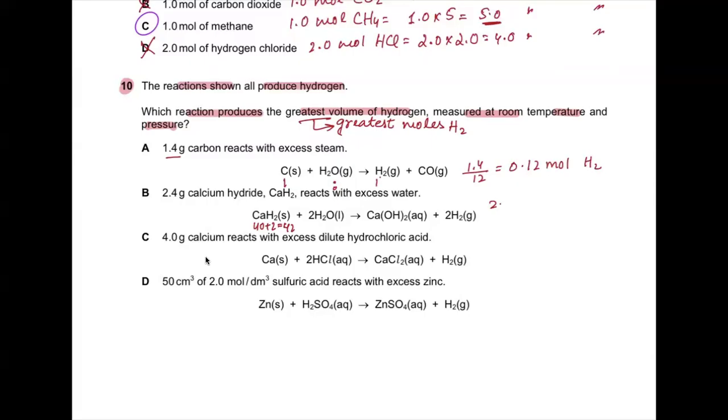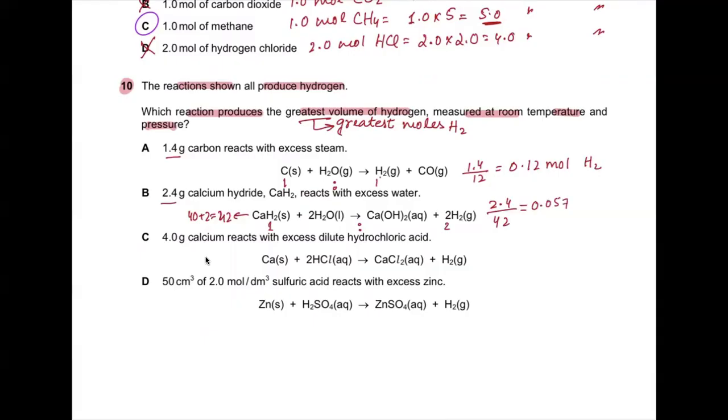Now, in this case, 2.4 grams. And if you look at the mole ratio, it is 1:2. So the Mr of calcium hydride is going to be 40 plus 2, which is 42. So moles are equal to 2.4 over 42. Can anyone tell me the value? 0.057.